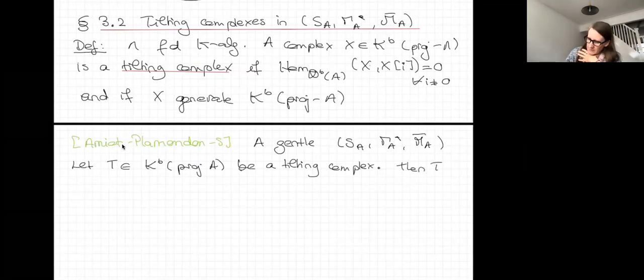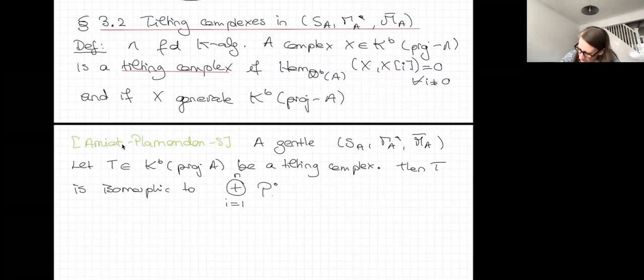Then T is isomorphic to a direct sum of complexes of the form P_{gamma_i}.